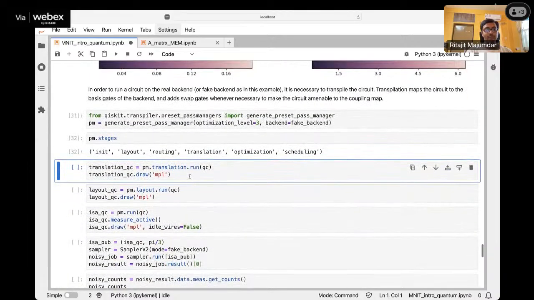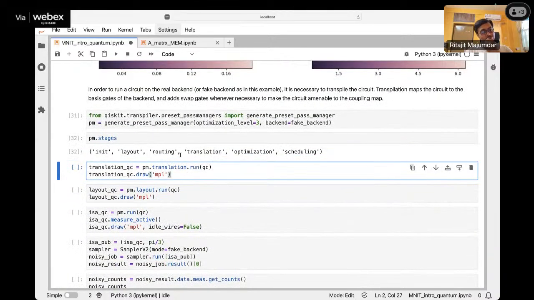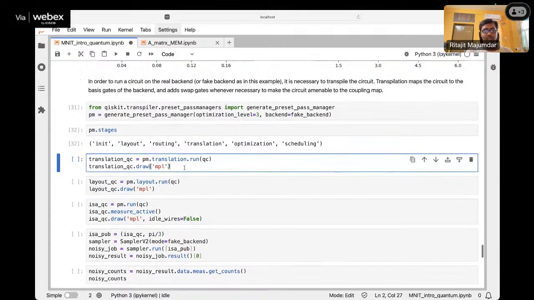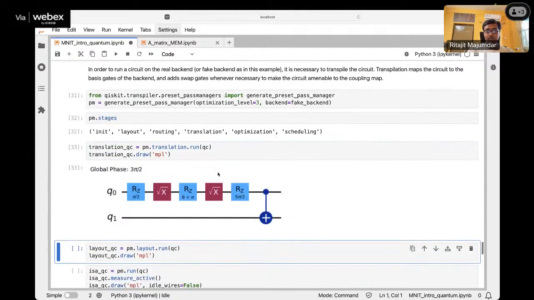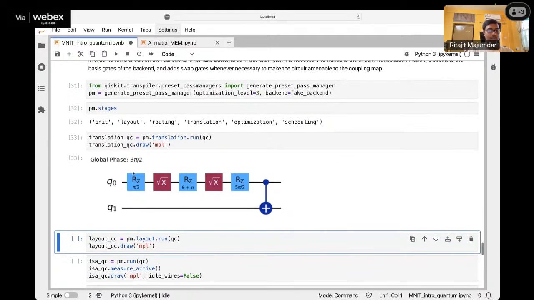So one of the first stages, I'll just show two stages here. As I just said, this is such a small circuit that all these optimizations don't really need to work here. The first actual stage that is going to work a lot is translation. So you see, it has broken down the Rx gate into this many gates.